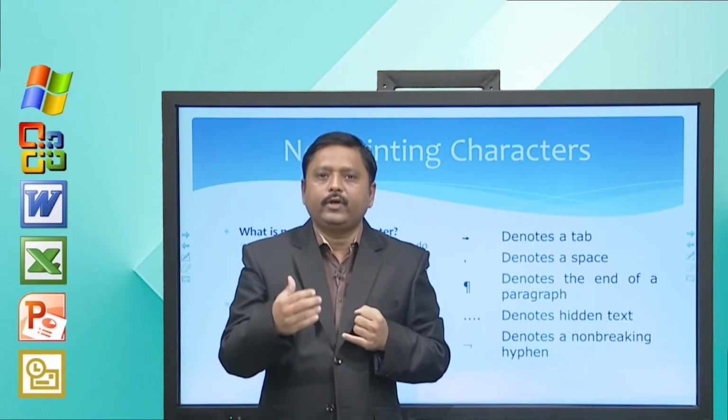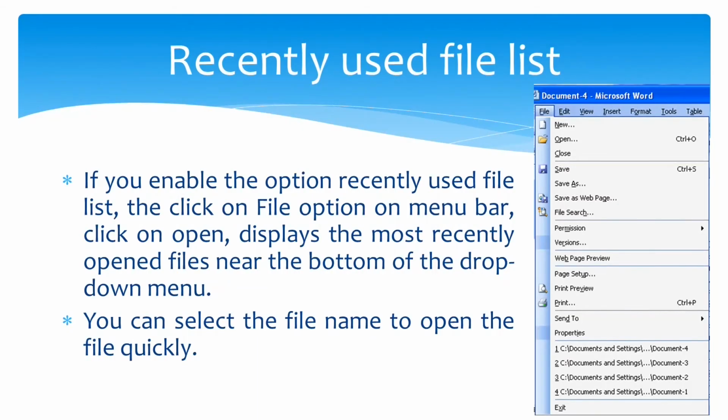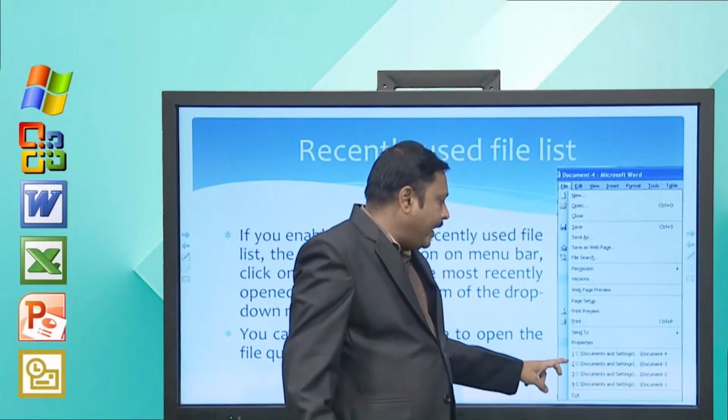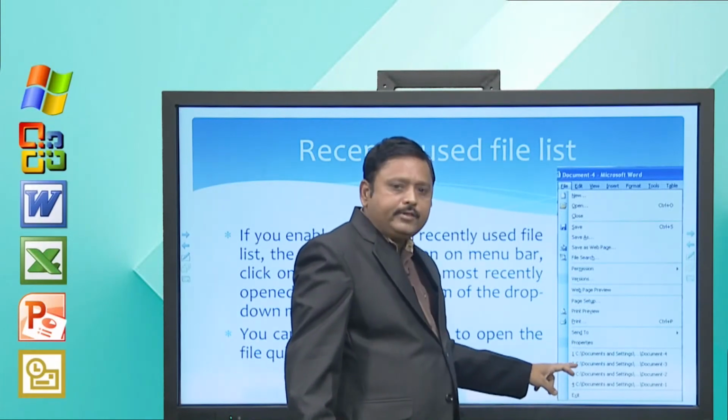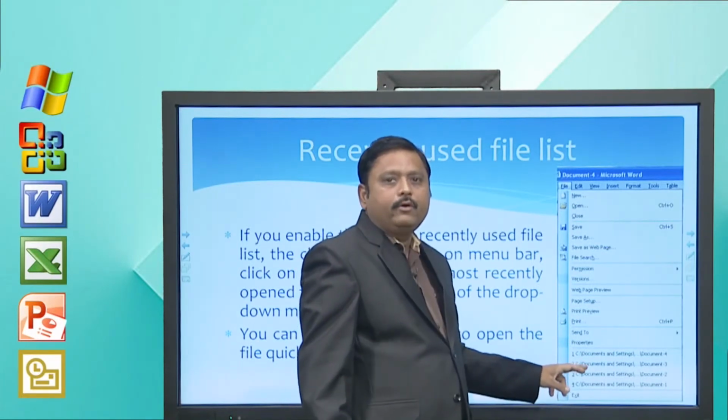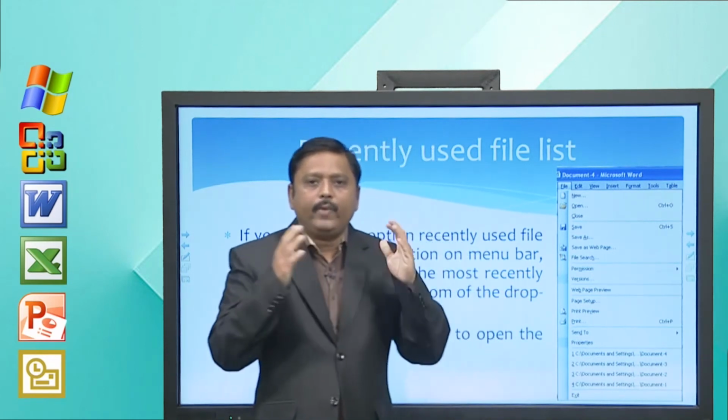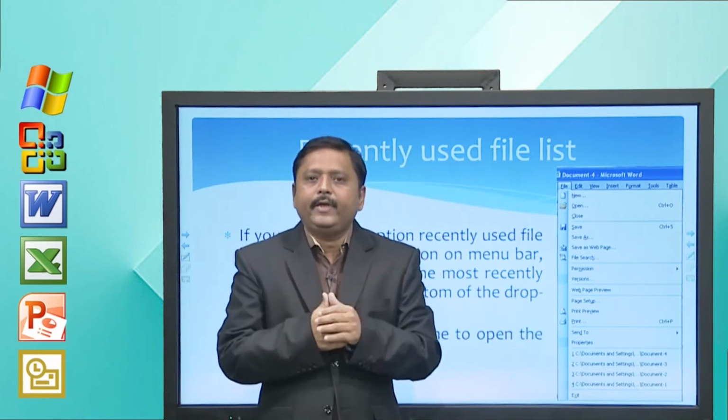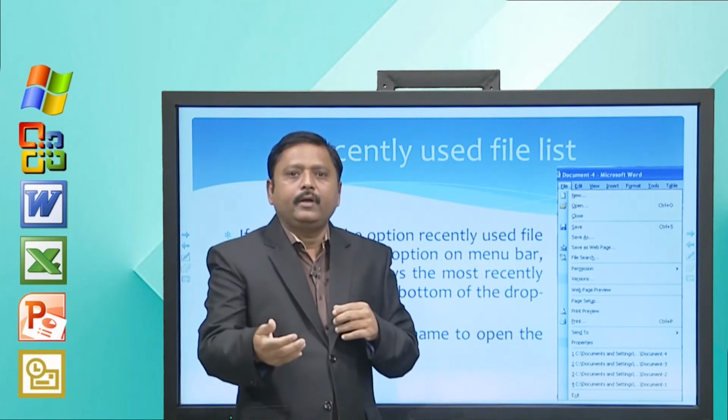Now, let us move further. We have seen the Microsoft Word interface, there is a file menu, right. So, in the file menu at the end of the list you will find recently used files, meaning the files that you have opened recently.